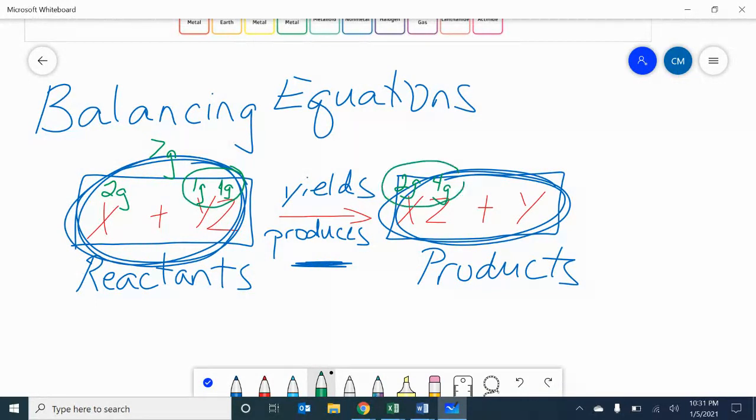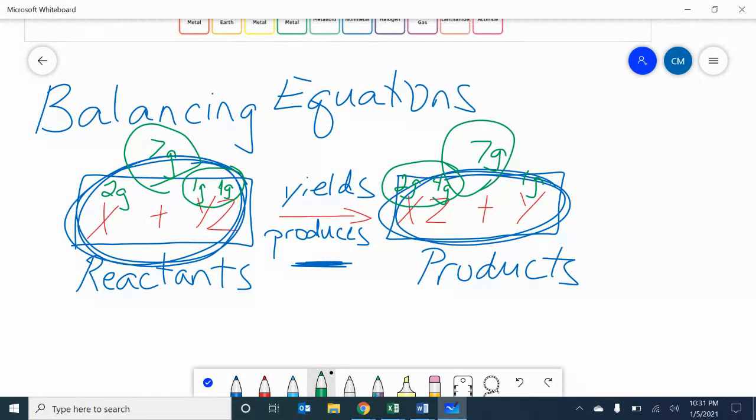This one is 6 grams. The Y is still a gram. So the 6 plus the 1 is 7. We're still looking at 7 grams. So we've still obeyed the law of conservation, where we started with 7 grams and we ended with 7 grams. We just have things that look different. So when we balance equations, we have to show that we are obeying this law of conservation.